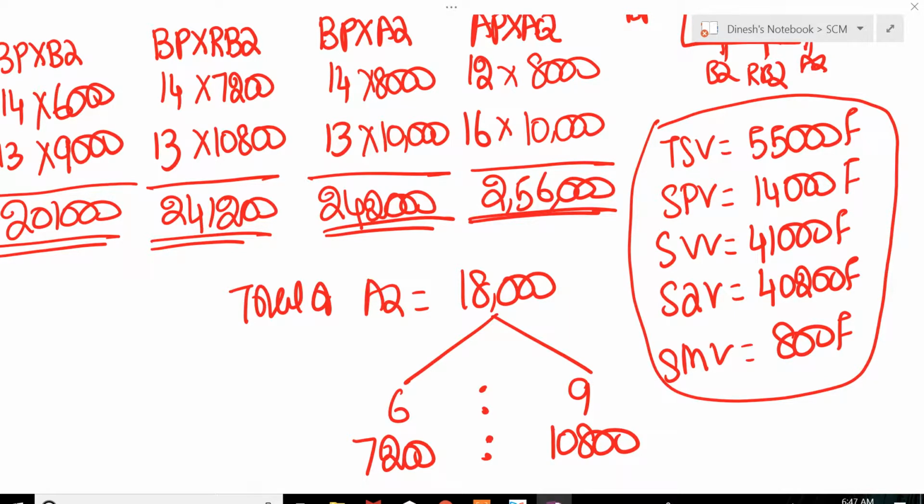Point A, BP will be replaced with BM, and AP will be replaced with AM.